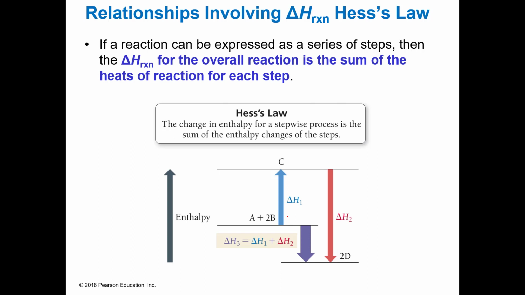They're showing you that you put some energy in to go from A plus 2B to C, and then C gives off energy and goes to D. So you're absorbing some energy in, which would be positive delta H, and giving off others. The difference looks like you have more of the negative delta H than the positive delta H. So Hess's law says that the change in enthalpy for a stepwise process is the sum of the enthalpy changes of the steps.